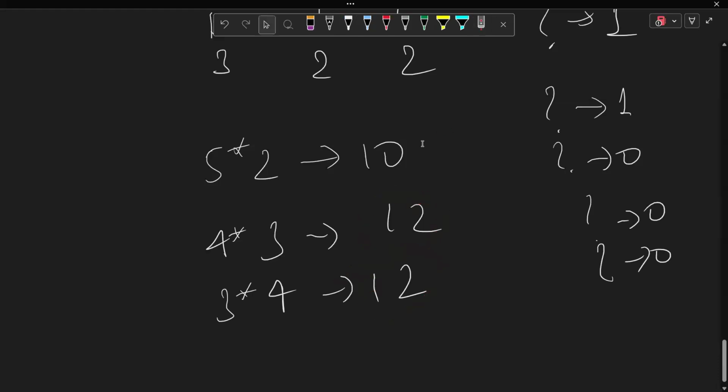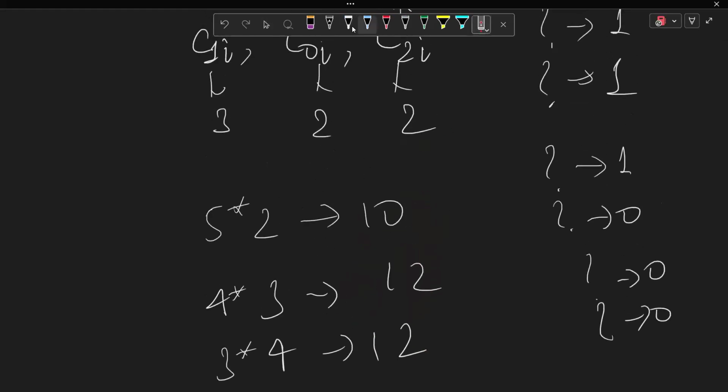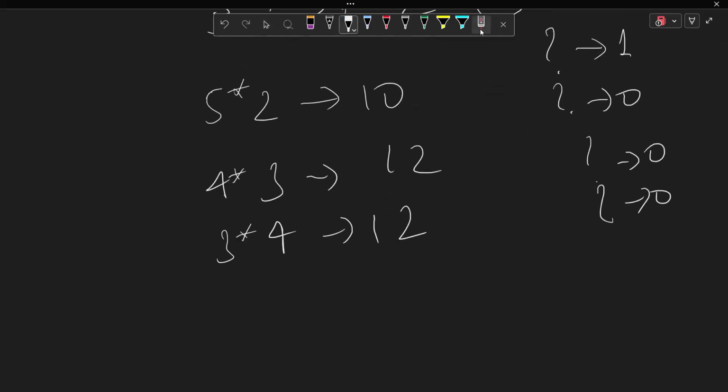Basically, you have 3 plus 2 plus 2, a total of 7 elements. Among the 7 elements, 5 elements are fixed and 2 elements are for you to replace. So you are basically dividing these 7 elements into ones and zeros.